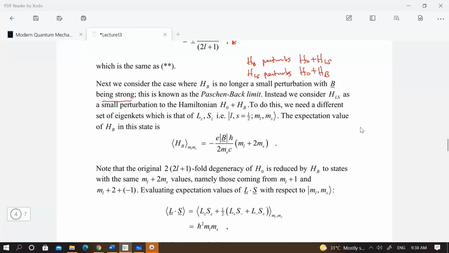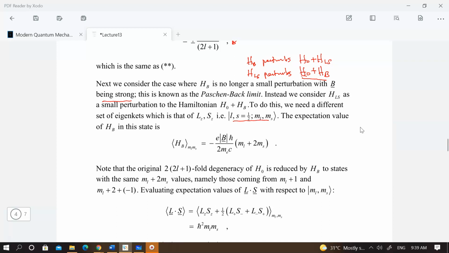Again, in order for us to calculate your first order energy shift, what we need is to find a common eigenket for both H0 and HB, and this is just your uncoupled representation of your angular momentum.